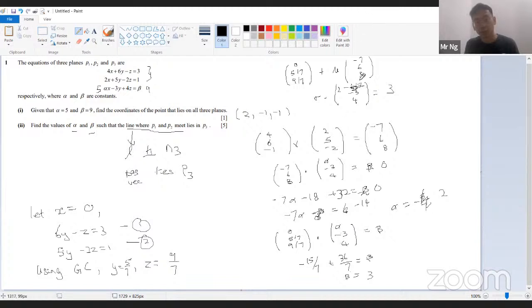I just need to check whether this one dot this one equals 0 or not. 8 times 4, 6 times 2, minus 7 times 2. Okay, so I got 0.